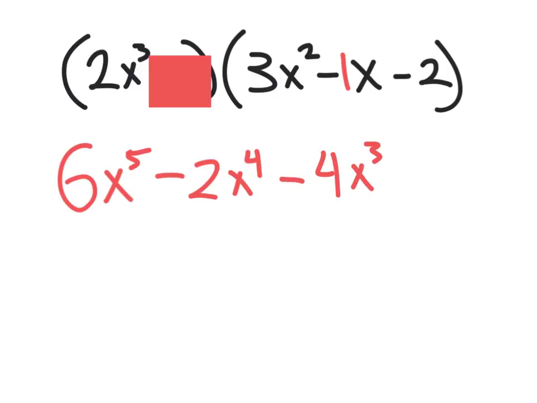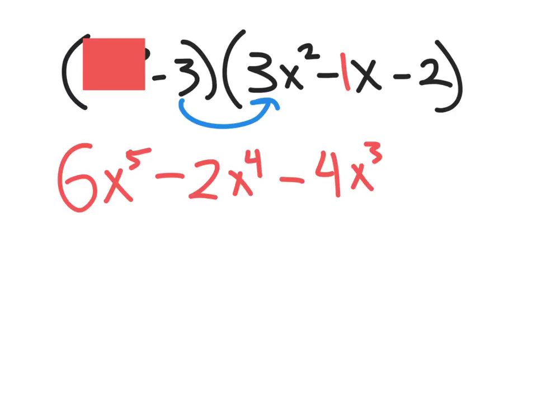Okay. Now, at this point, we've already distributed the 2x to the third. Now, let's distribute the negative 3. All right? When I'm on the board, I usually use my hand to cover it up. Right here, I'm using the little box. So let's distribute that negative 3. And you could go negative 3 times 3x squared. Negative 9x squared, right? A negative times positive is negative.